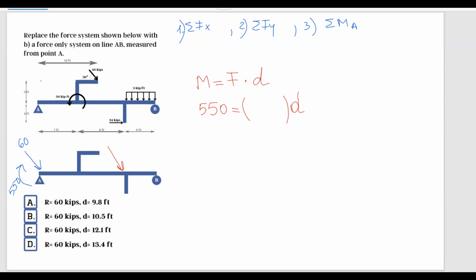When calculating a moment, we know that we have to multiply the force with the arm, and the arm has to be perpendicular to the force. So please do not make the mistake of putting 60 here, because it's going to be completely wrong. This force, 60, is not perpendicular to this distance here.